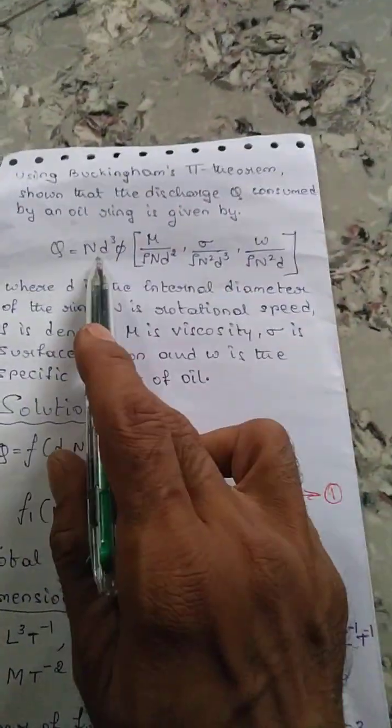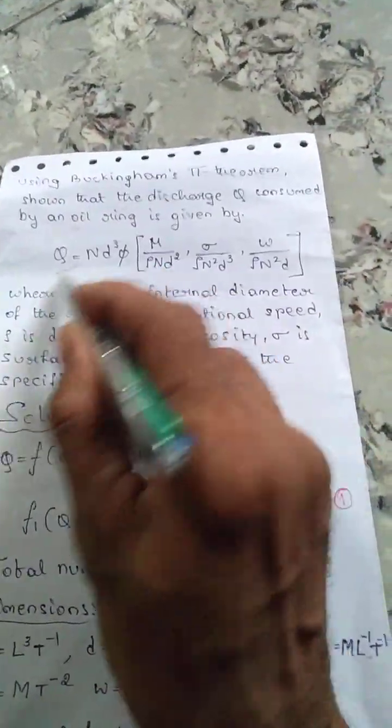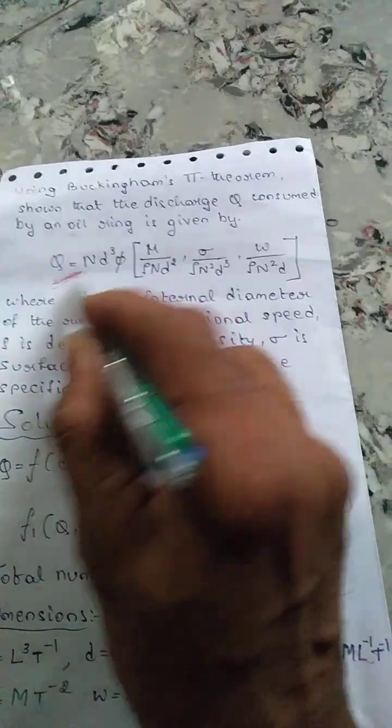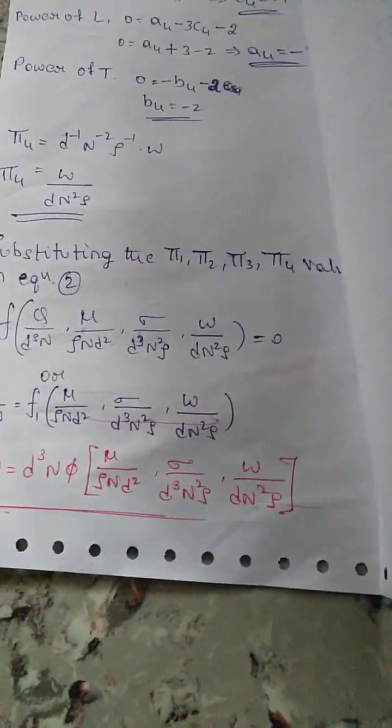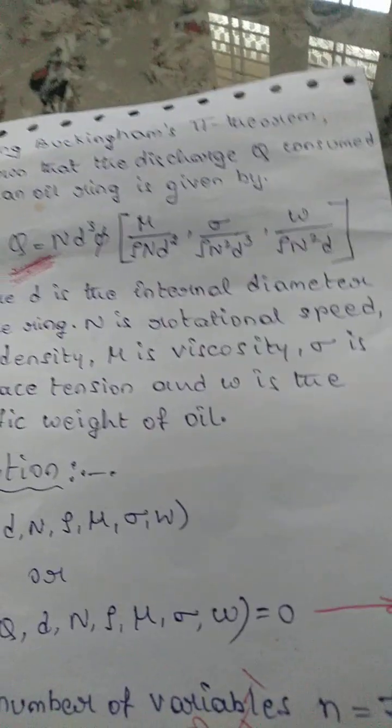See here, you will get this value at the end after solving each and every step. If you follow, then you will get the same answer which I have shown here, you will get this value similar to the given problem.